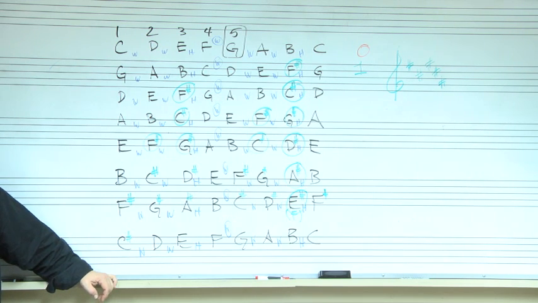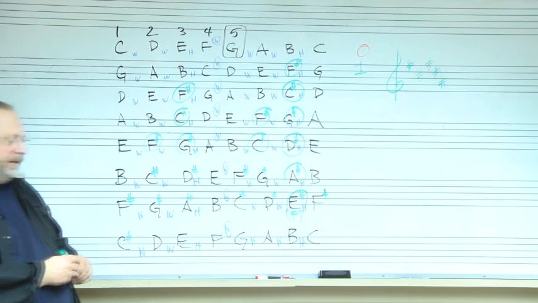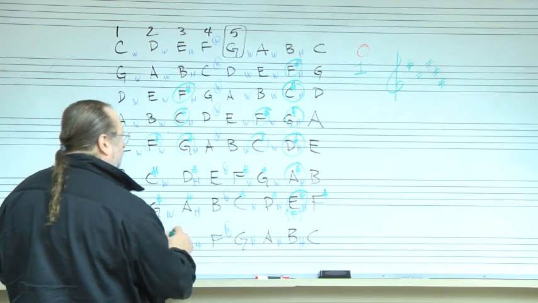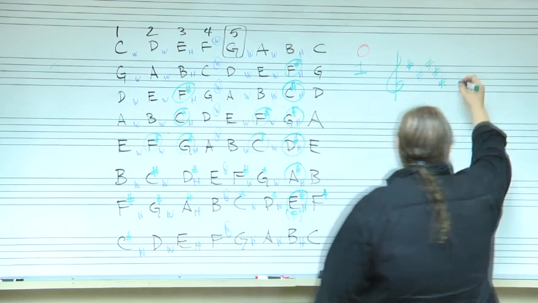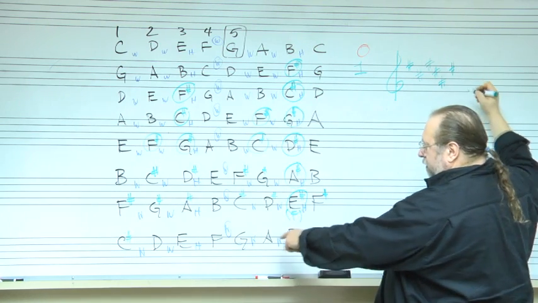That's all you gotta know. So, we just sharp everything. We got F, C, G, D, A, E. And the last one, we have a B sharp.